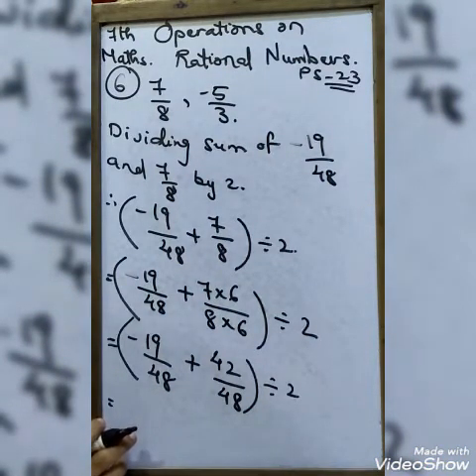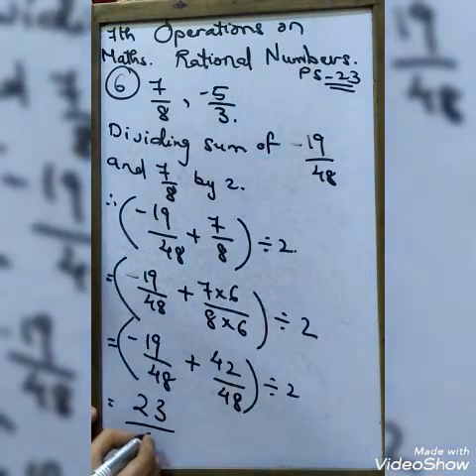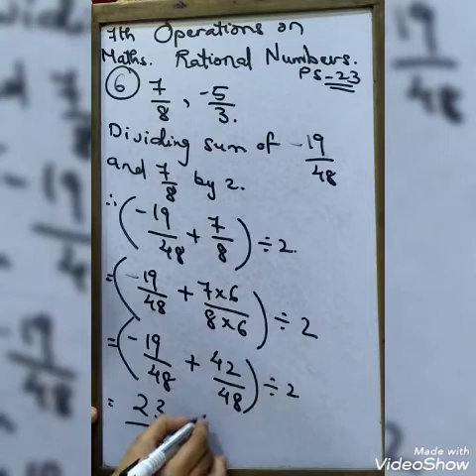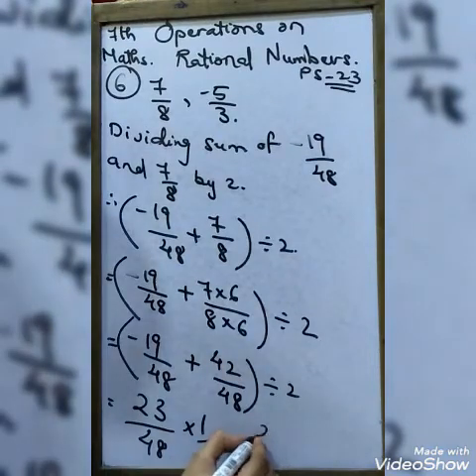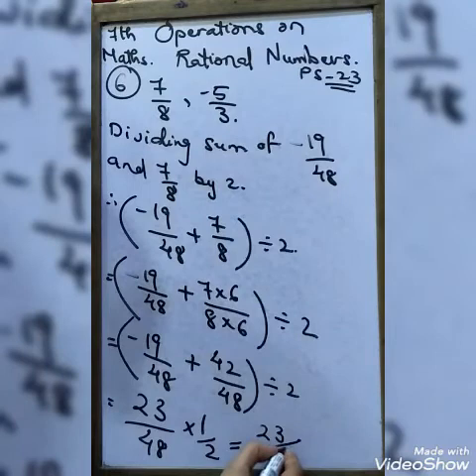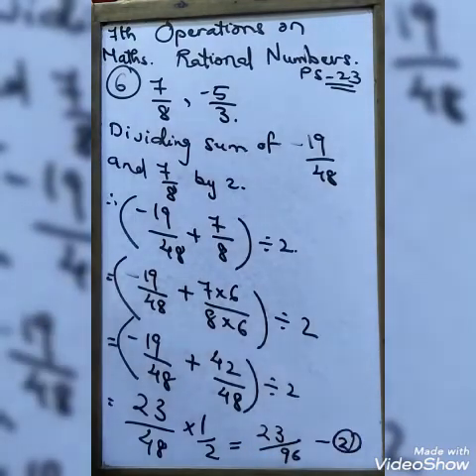The answer will come as 23 upon 48, then 1 upon 2, is equal to 23 upon 48 2s are 96. So this is our second number.